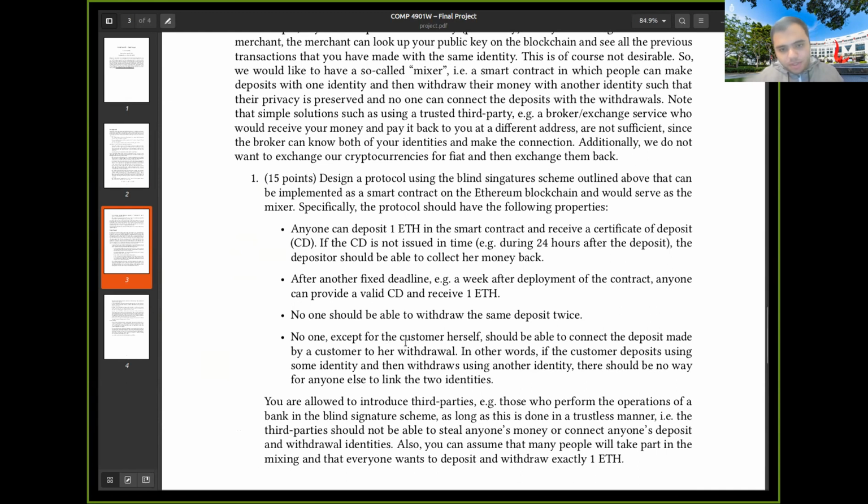Of course, the customer herself knows her new identity and her old identity, but no one else should be able to make the link. What everyone else should see is that there are maybe 1,000 different people who are each depositing 1 Ether into this contract, and then there are 1,000 withdrawals, and no one should be able to say which withdrawal corresponded to which deposit.